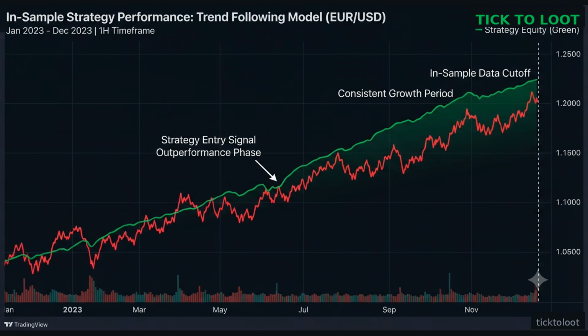However, when you test your strategy on out-of-sample data from the current year, the results are not as impressive. The profit factor is lower and the drawdown is higher. This is because the out-of-sample data is new and unseen, and your strategy has not been trained on it.